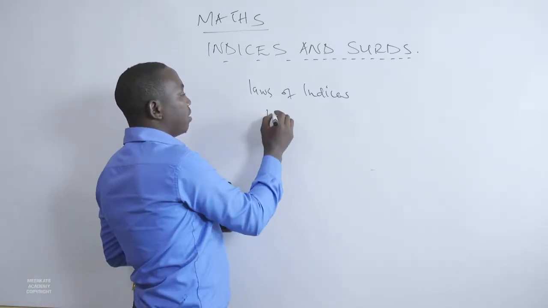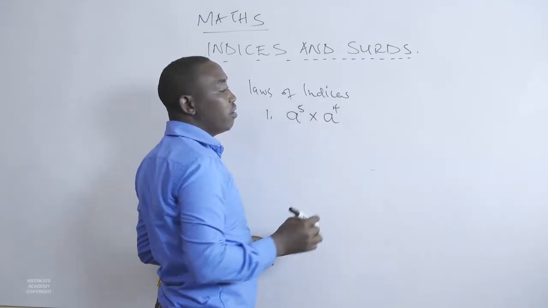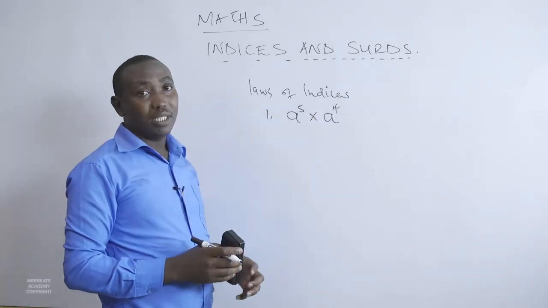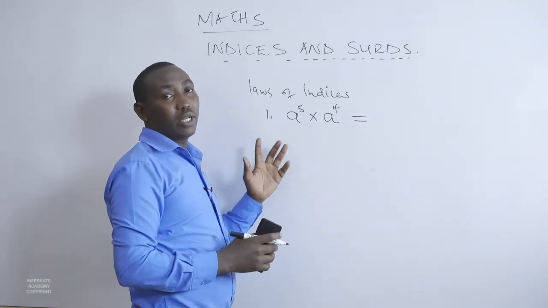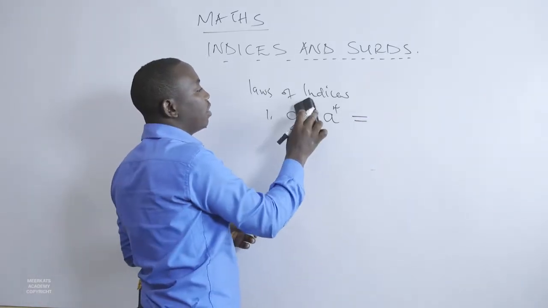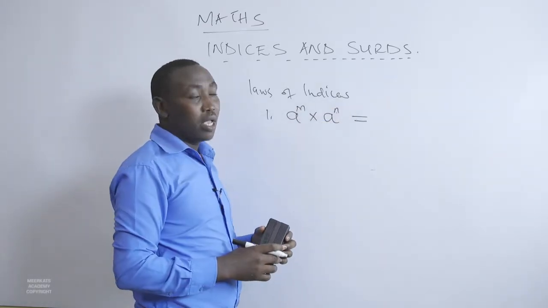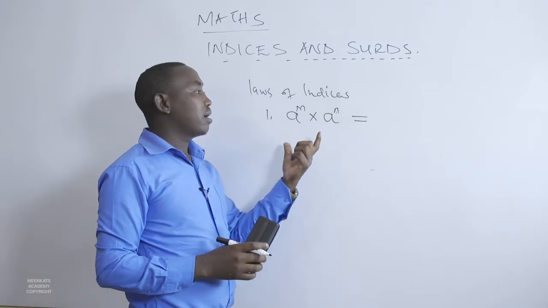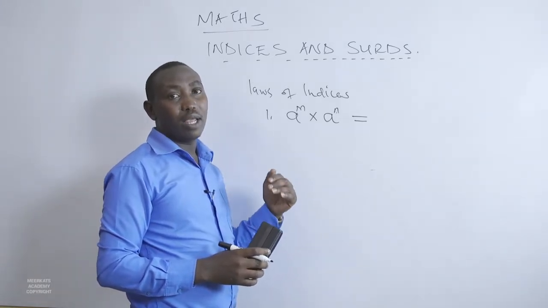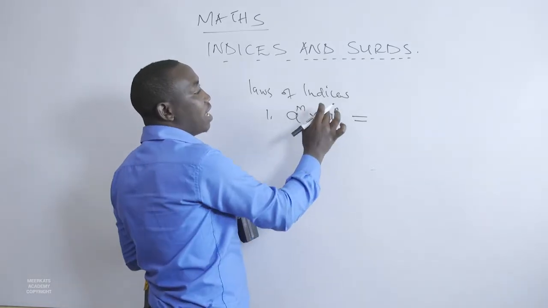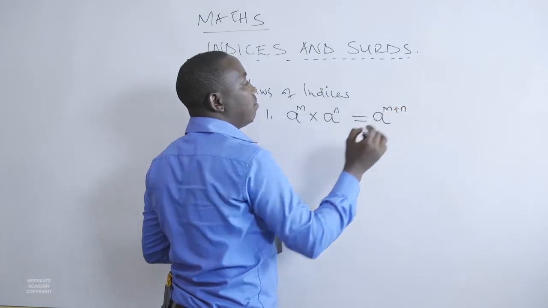If you have a raised to 5 multiplied by a raised to 4, the bases are the same, so you add the powers. Let me call this one m and this one n. So if we are multiplying indices with the same bases, or factors, we add the powers, and this gives us a raised to m plus n.